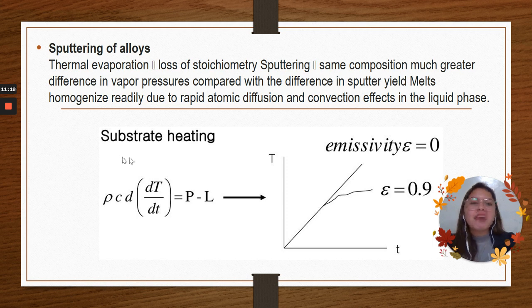So we have the substrate heating, PCD or pitch circle diameter times dT over dt equals P minus L. This is equivalent to going through T over T small. Emissivity, epsilon, is equal to 0 or 0.9.